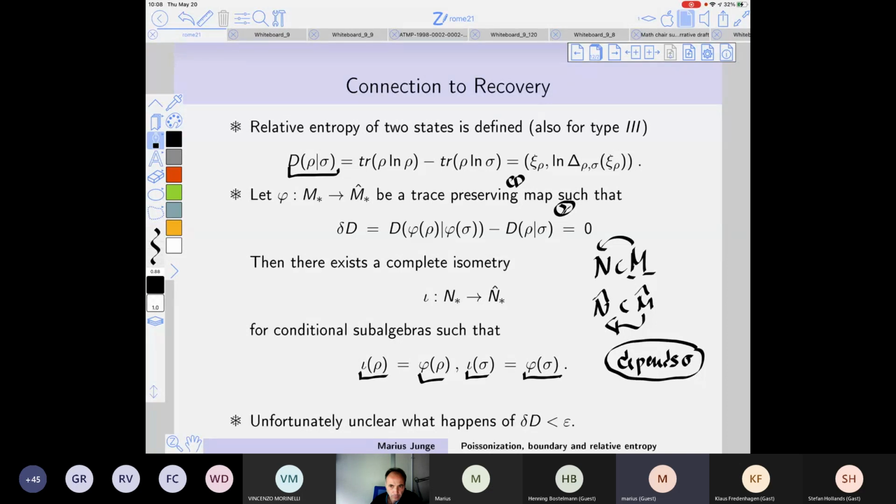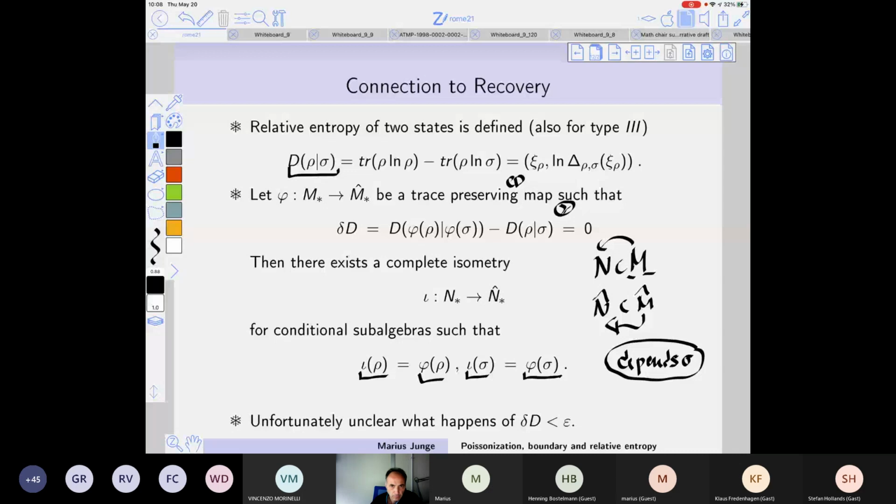And that unfortunately means that we don't really know what happens if this entropy difference is only very small. Then I'm not able to prove at this moment that there's an almost isometric embedding, right? So exact recovery only happens in the isometric embedding situation, right? So if you have an isometric embedding, it's not very surprising that this means that entropy is preserved, right? I mean, you just look at the definition.